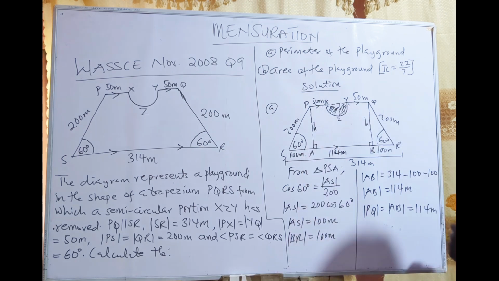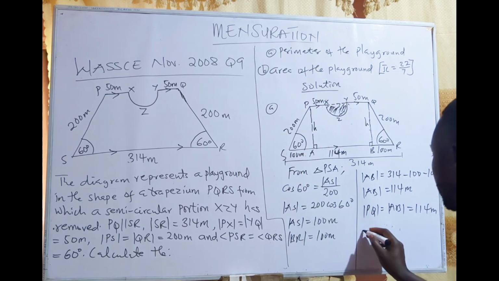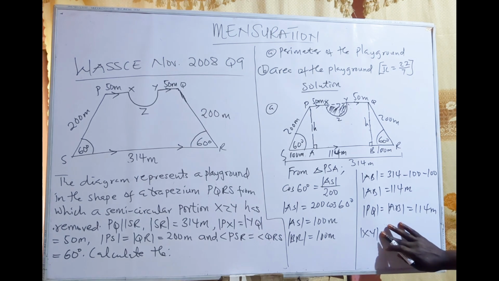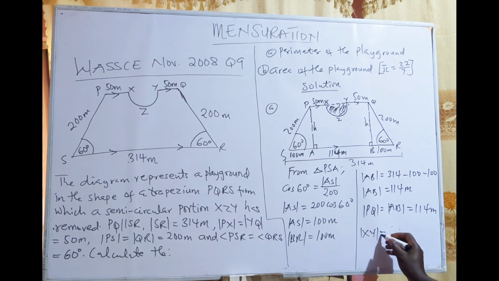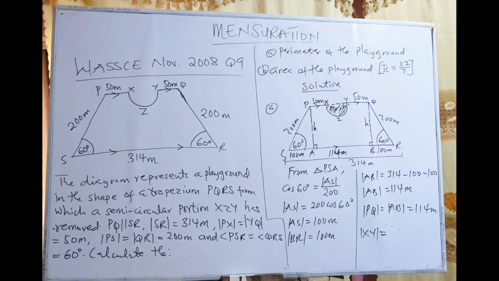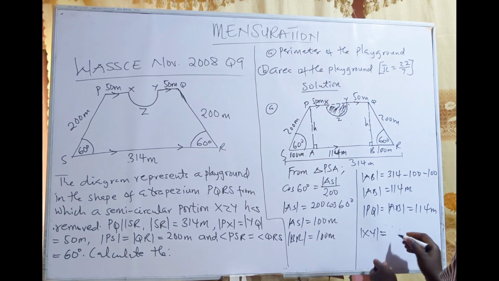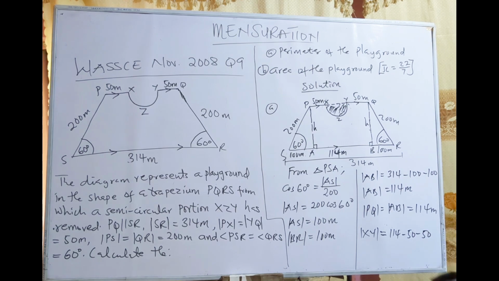If that is the case, then I can find XY. XY will be equal to 114 minus 50 minus 50.